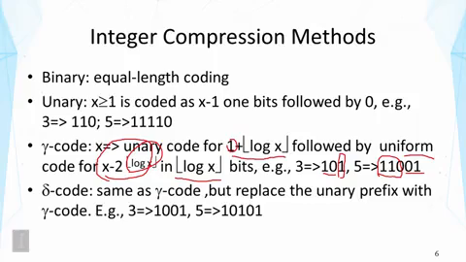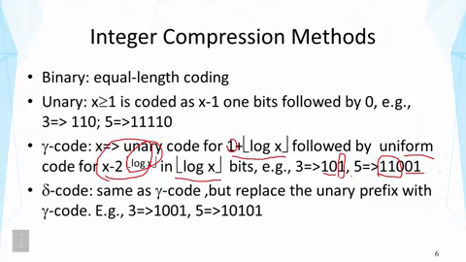So how can you decode such a code? Well, you again first do unary coding. Once you hit 0, you know you have got the unary code. And this also will tell you how many bits you have to read further to decode the uniform code. So this is how you can decode the gamma code.